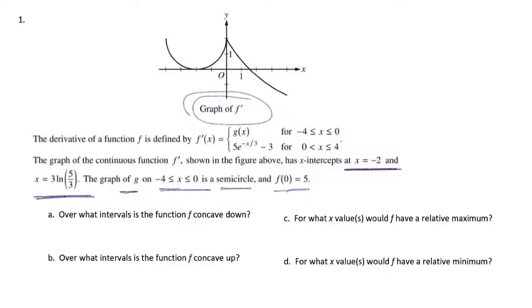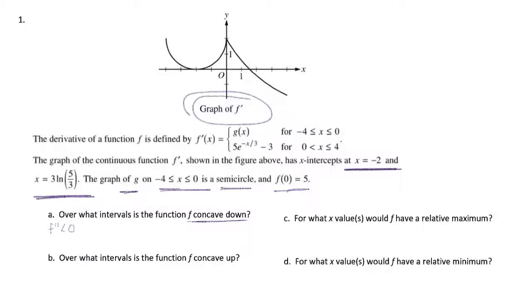So on this first part, you're asked about where maybe the function f, the original function, is possibly concave down. Now, based on what we've talked about in class, if f is concave down, then we know f double prime has to be less than 0.